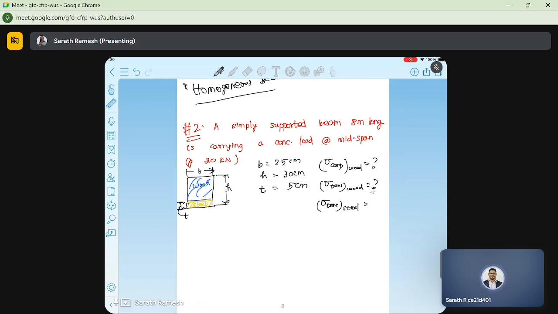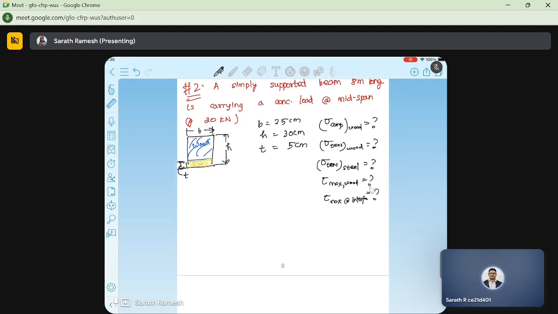All of these are maximum values they are asking. And also we need to find the maximum value of shear stress in the wood and the maximum value of shear stress at the interface of steel and wood. So totally there are 5 questions.